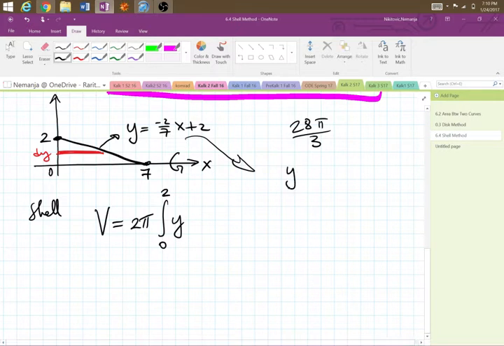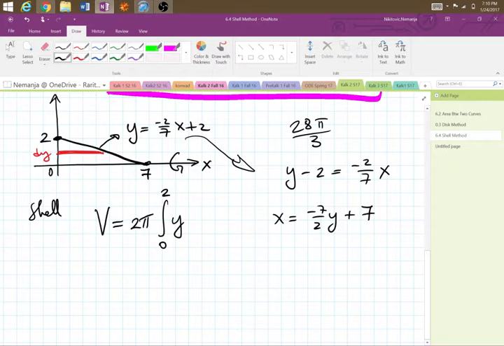So we have y minus 2 is equal to negative 2 over 7 x. So x is equal to, multiply by negative 7 over 2, so negative 7 over 2 y plus 7. And that's what we plug in here. So I have negative 7 over 2 y plus 7 dy.